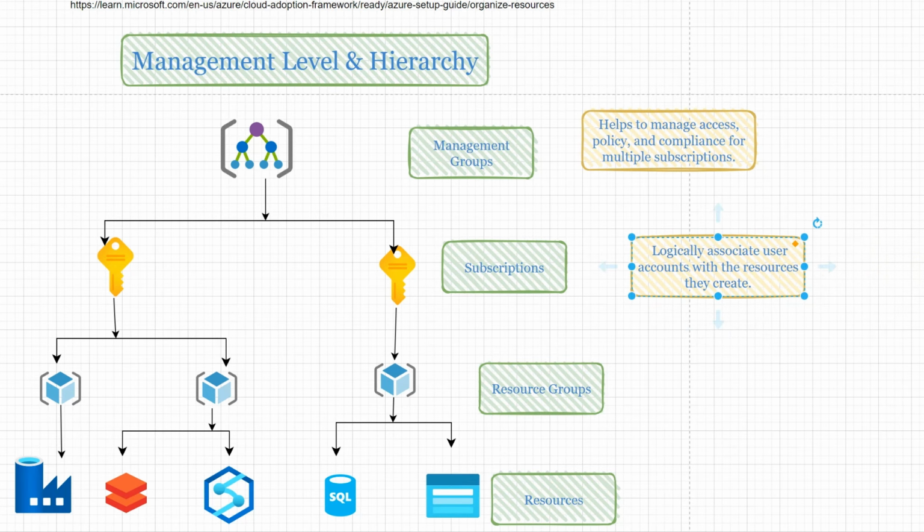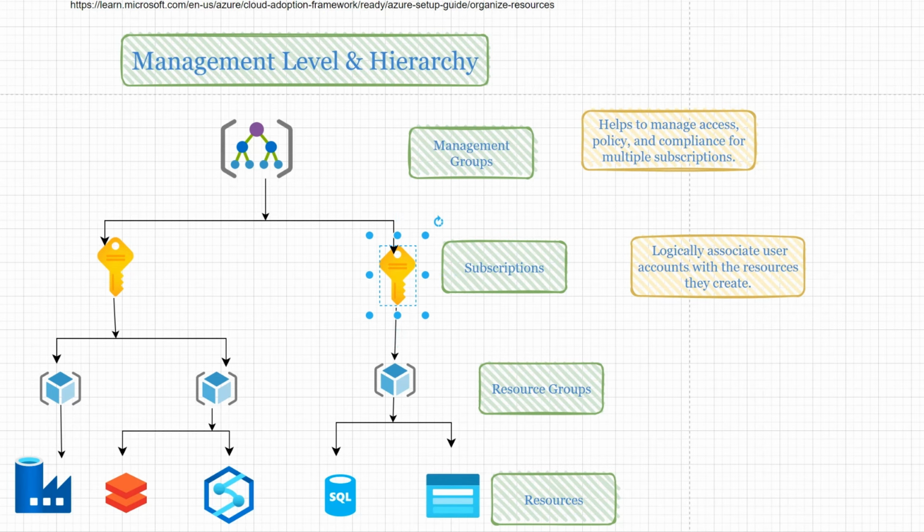A subscription logically associates the user accounts with the resources which they create. Each subscription has limits or quotas on the amount of resources it can create or use. Organizations can use these subscriptions to manage the costs of the resources created by a particular user, team, or project.